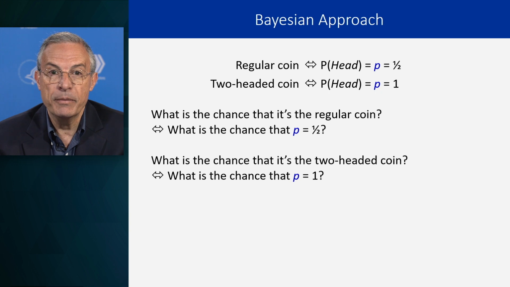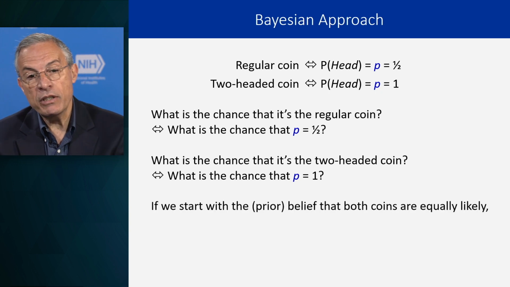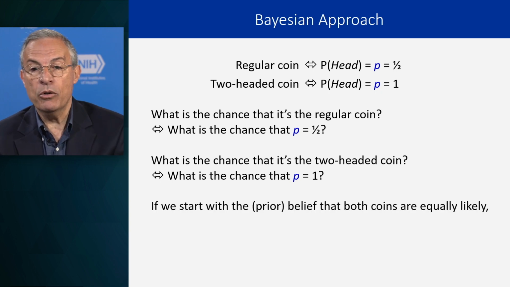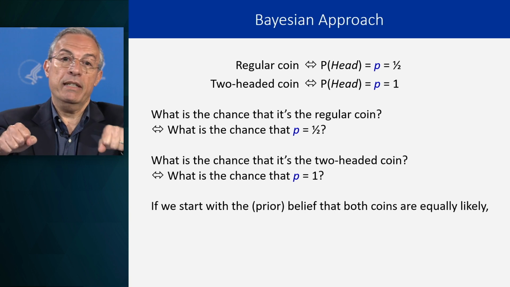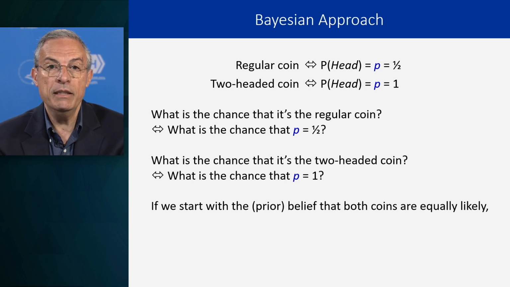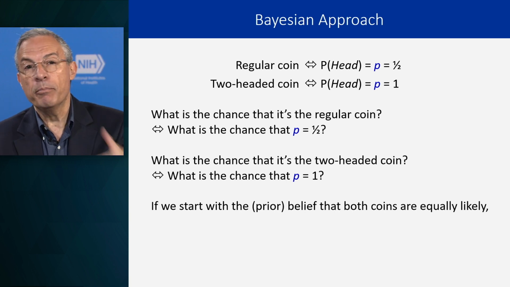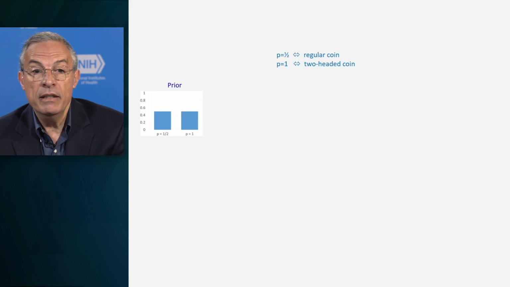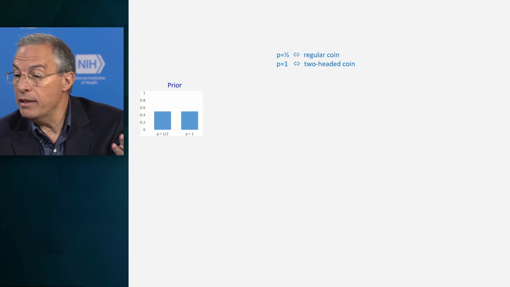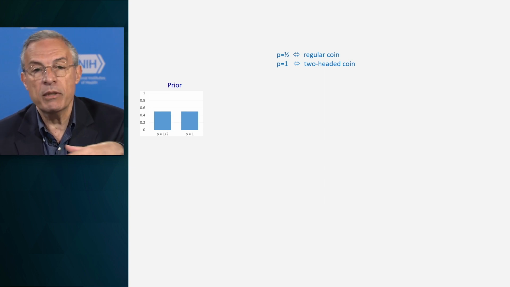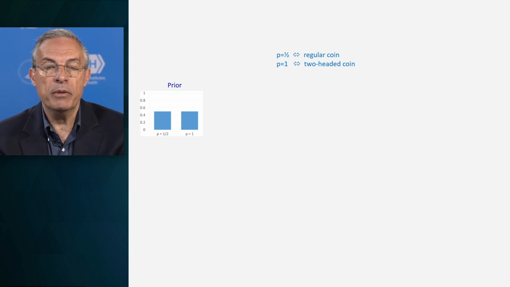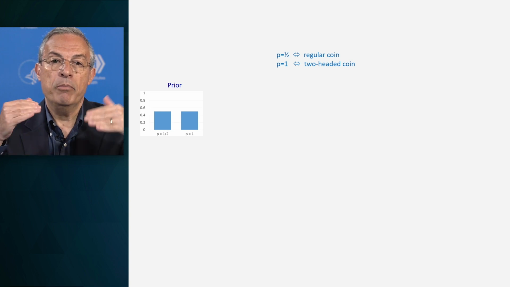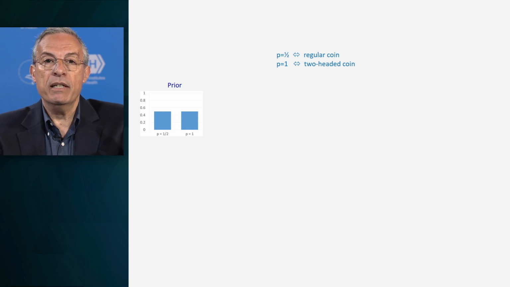It's the same thing. So if we start with the prior belief that both coins are equally likely, remember we selected one of the two coins randomly. So at the very beginning, the prior belief is basically the probability, and you may not be able to see this, but you'll get the sense of it when I complete the slide. But remember, P is 1/2, it's the same as saying it's the regular coin.